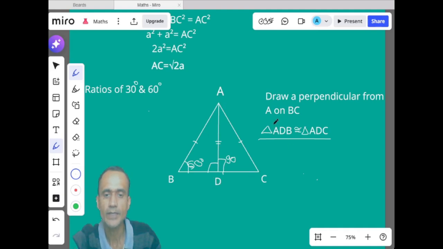That means side DB is equal to side DC. So these two sides are equal. And suppose we take that the measure of the sides of this equilateral triangle is A, and this is A, and by congruency of these two triangles we have found out that these two sides are equal, so both will be equal to A by 2.